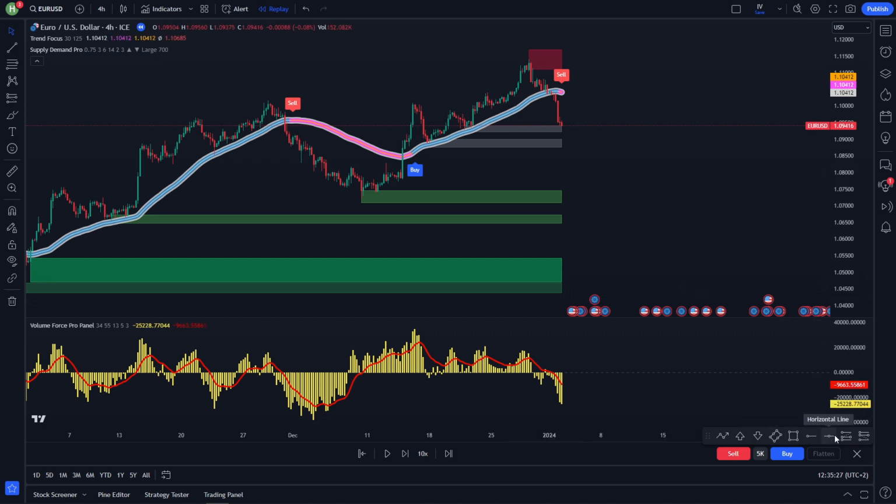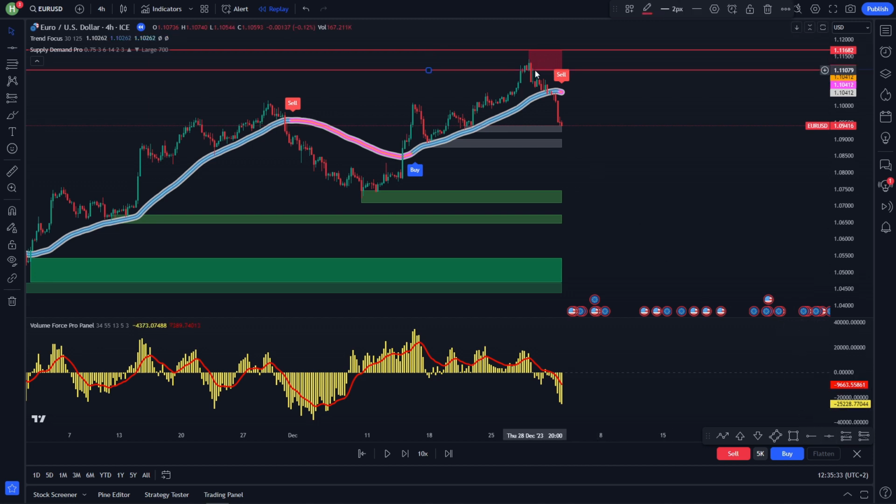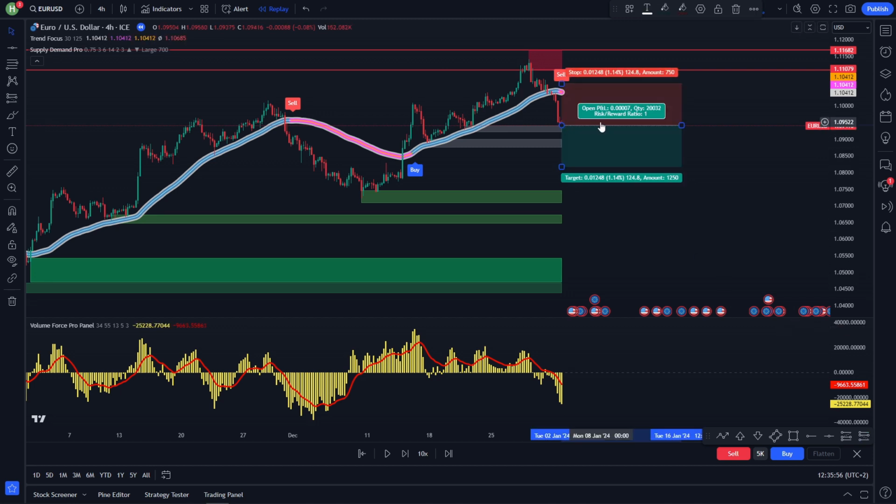Now, for a valid sell trade, firstly, we are waiting for price action to be taken away from a supply zone, which will be marked in red. Then after this, we are waiting for the trend focus to give us a sell signal. Once we receive the sell signal, the Volume Force Pro histogram needs to be below 0 and also below the average line. Now, once the sell signal candle has closed, we can enter our trade.